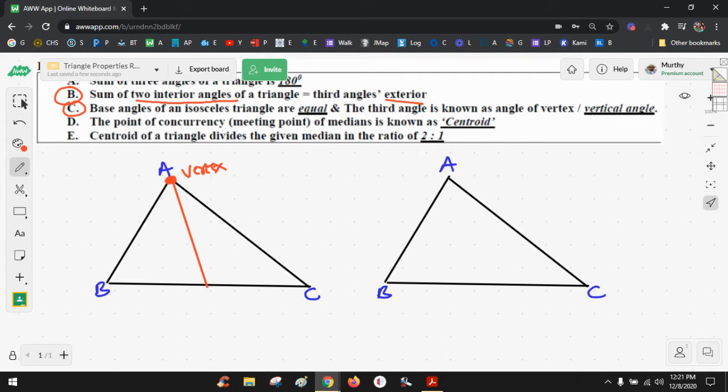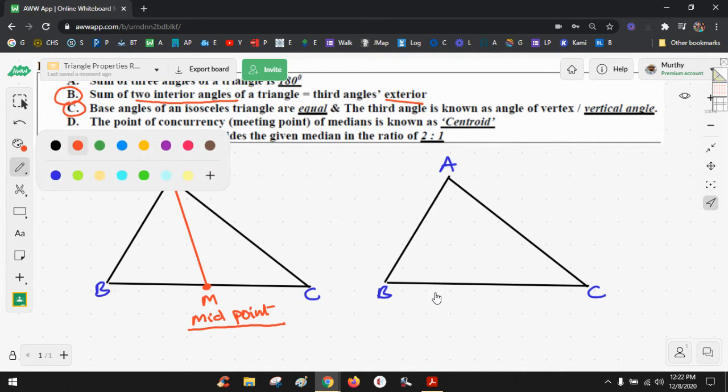Now, let's say point M is the midpoint. This is the midpoint of BC. Therefore, the line segment joining one of the vertices, that means one point I'm taking, and the midpoint of the opposite side. If these two are joined by a straight line, we call this a median.